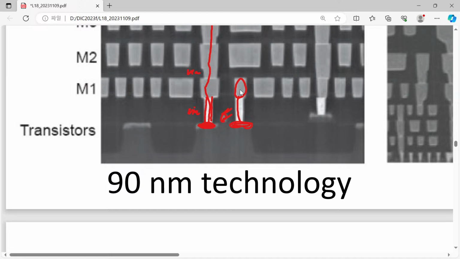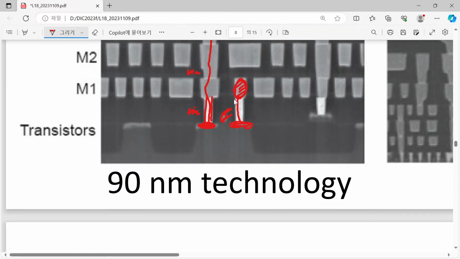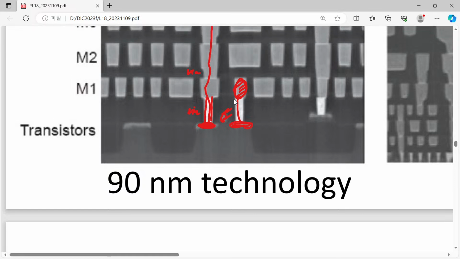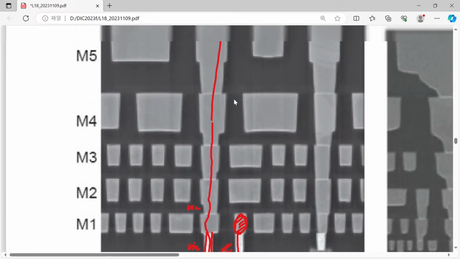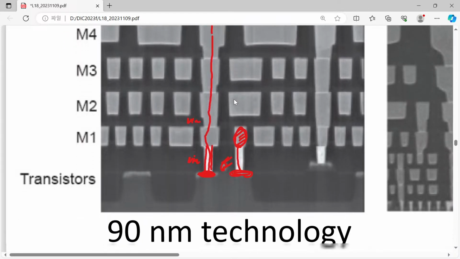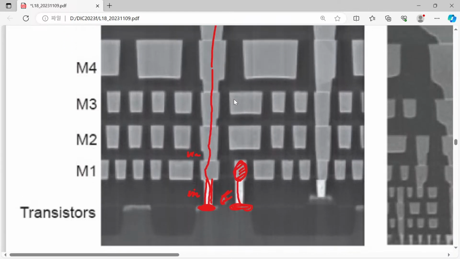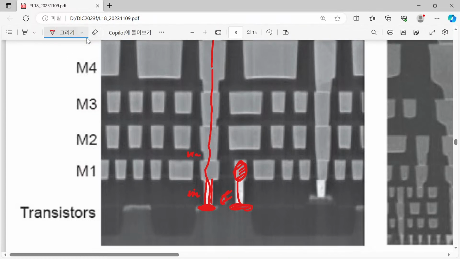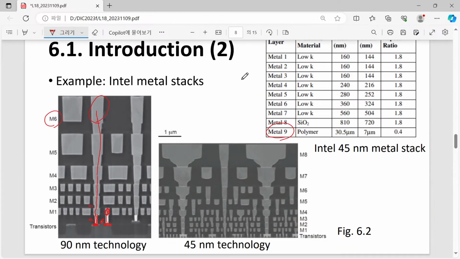And it is routed somewhere. So we can do some signal processing using this line. Okay, so that is the one. Since we have many different metal lines, we can make a complicated signal processing.